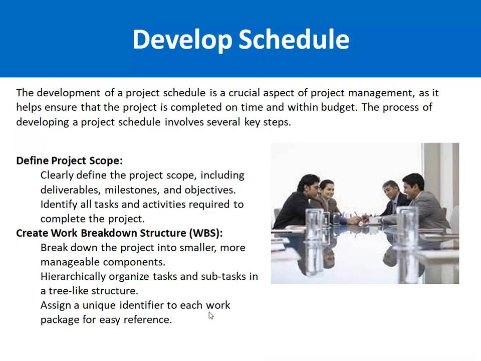For example, if you are implementing an e-commerce solution, this is a very big thing, with 5 modules in it. In the work breakdown structure, we divide the work. There will be a planning phase, in which we do the scoping and creation of the FS.